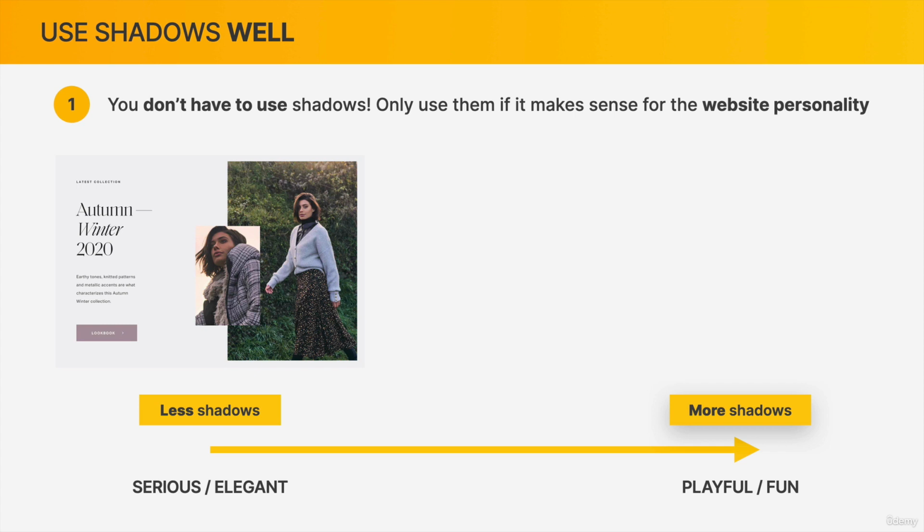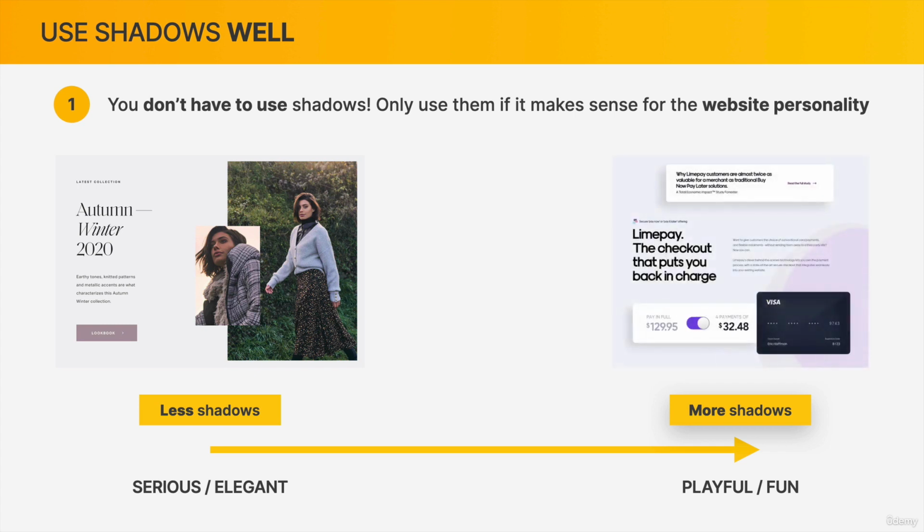On the other hand, the more playful or more fun a design gets, the more shadows it will also use. So that's a very nice and easy rule that you can use for shadows in your own designs, even if you do not want to set a certain website personality. So even if you don't do that, you will still have some idea about how serious or how elegant your design should be. And so the more serious and elegant it is, the less shadows you are going to use.